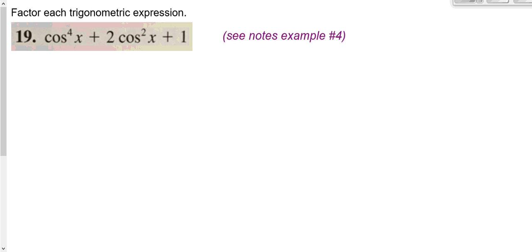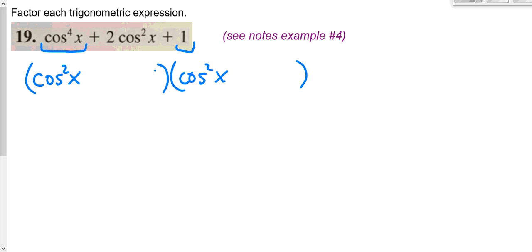Number 19, also like a trinomial, but this one is like a quadratic in disguise because it's not actually squared. It's to the 4th, but that's okay. We can use the same kind of method. So to get cosine to the 4th x, you would multiply cosine squared x and cosine squared x.